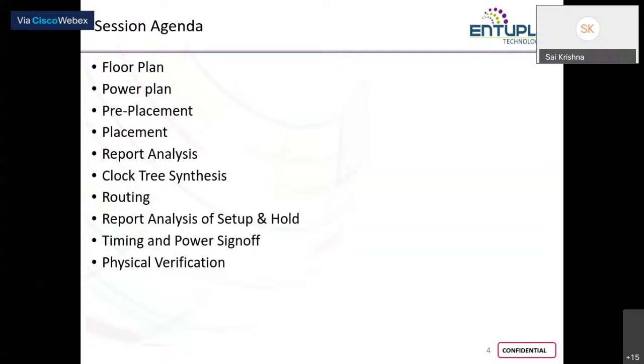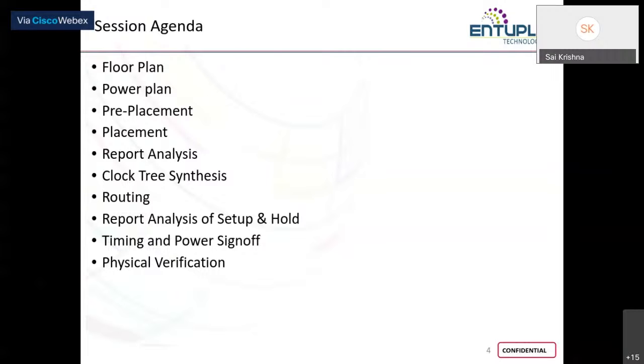So today, first we'll be dealing with each of these stages individually. Look at what exactly is happening at each stage, what is its importance, and how is it actually affecting your chip performance. And we'll go ahead with timing and power sign off, and then the final physical verification.